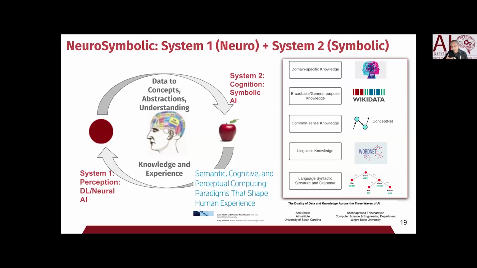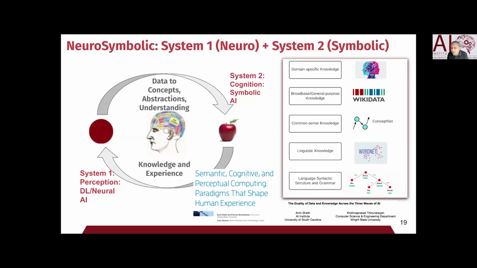And these things have to be integrated very carefully, and knowledge plays an extremely important role in combining System 1 and System 2. So when you are, for example, trying to understand what I'm saying, you are using your lexical knowledge, linguistic knowledge, common sense knowledge, general knowledge, purpose knowledge, and domain-specific knowledge, right?